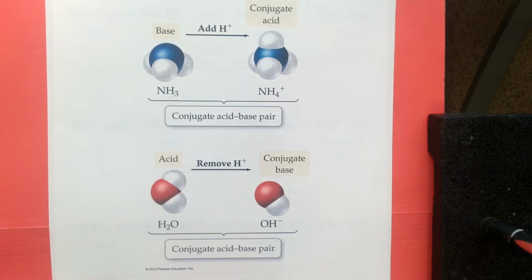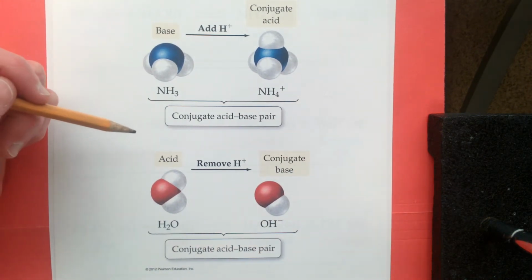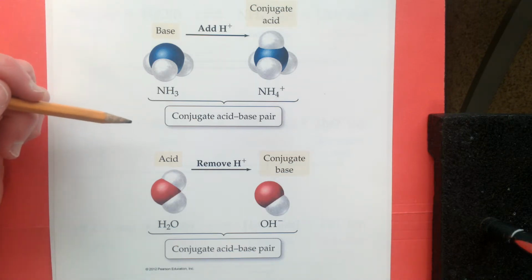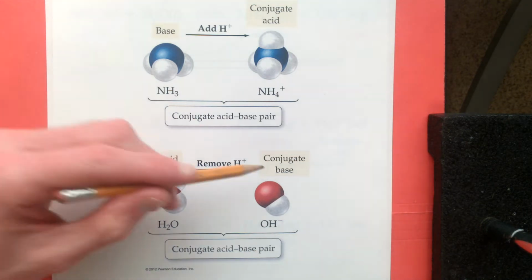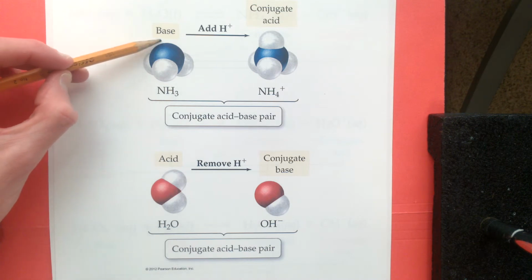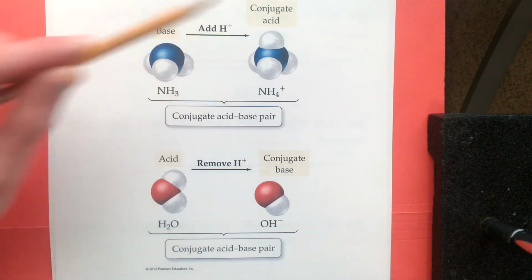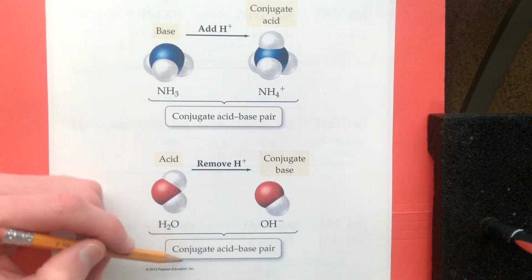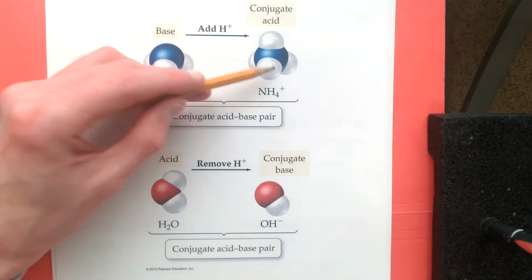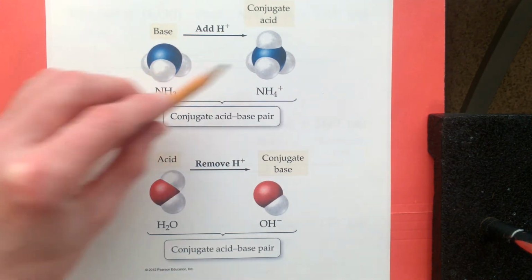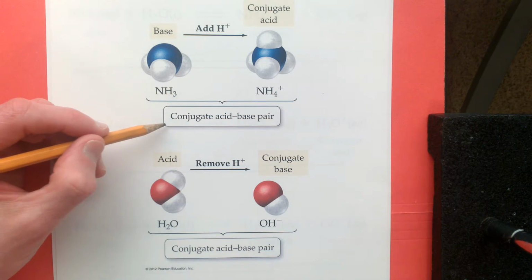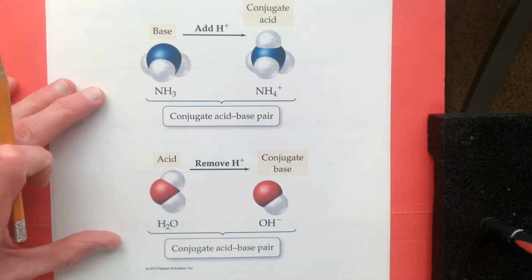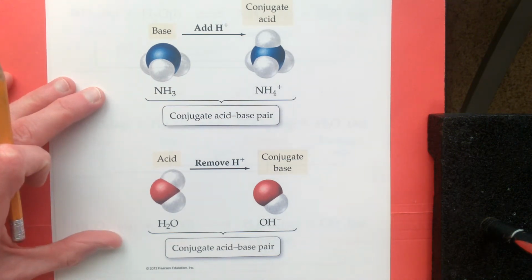We pair these up and call these the conjugate acid-base pair: the original acid with its conjugate base, or the original base with its conjugate acid. Notice the difference in these two species.